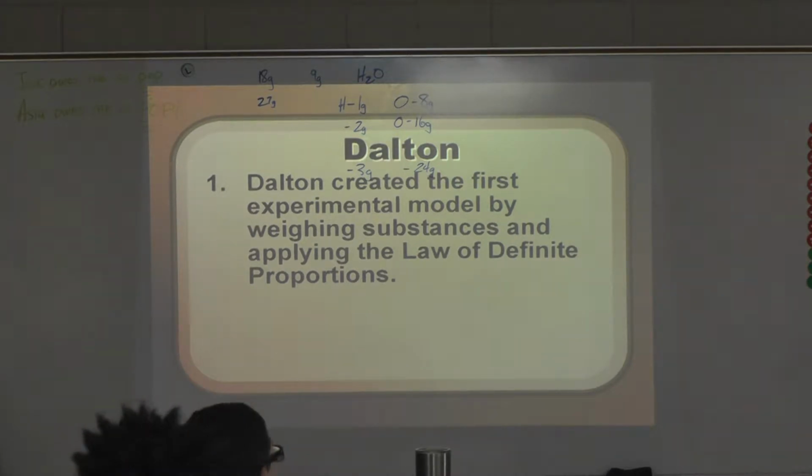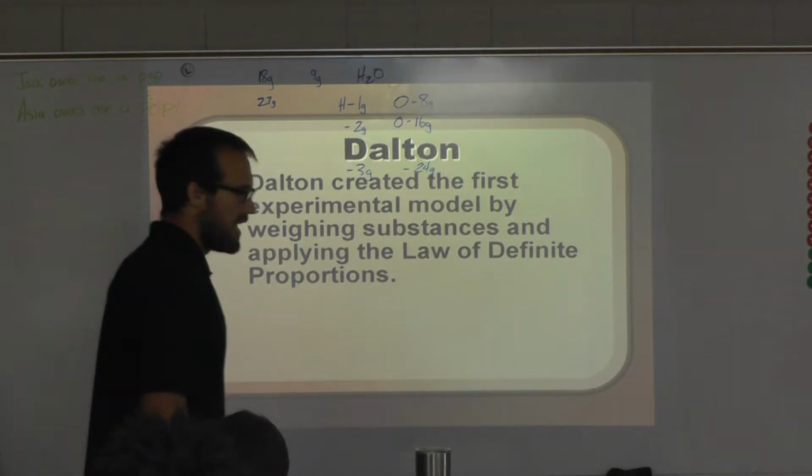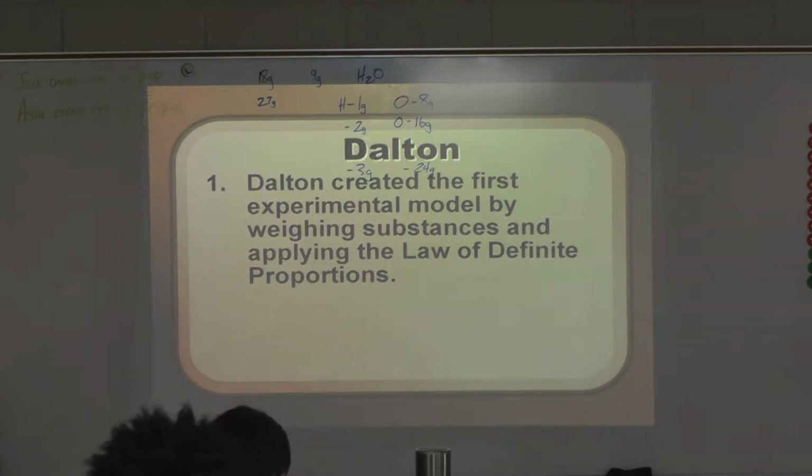So what he noticed was he started comparing relative masses. And what's really interesting is he said, based on doing all of this with multiple things, hydrogen is really, really small in comparison to oxygen. And yes, it is. It's quite a bit smaller. But he said oxygen is only a little bit more massive than carbon, which he was right.